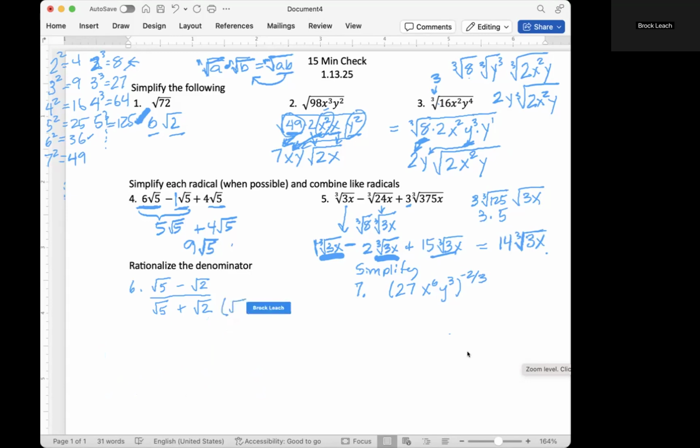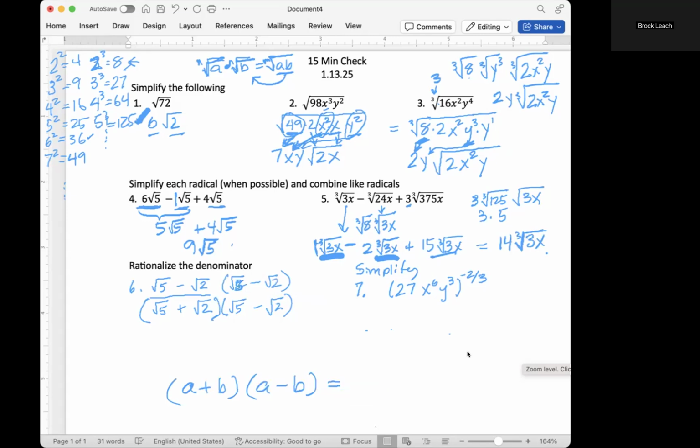If I multiply this by the square root of 5 minus the square root of 2, you'll see that this gets rid of the radicals in the denominator, because this is an addition times a subtraction, an a plus b times an a minus b. And what does a plus b times a minus b give us?